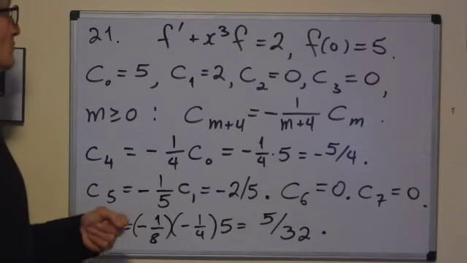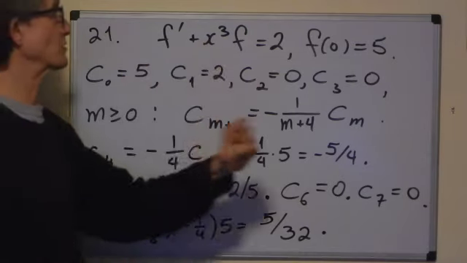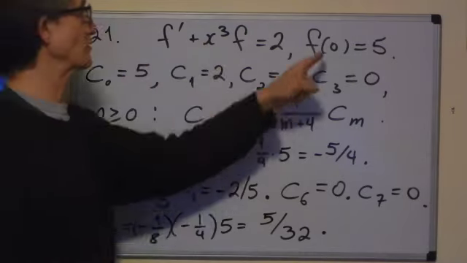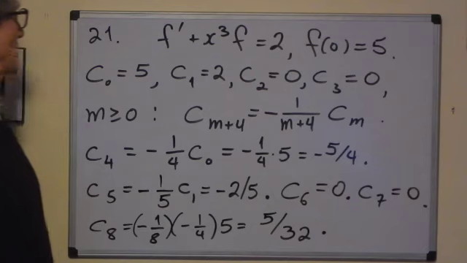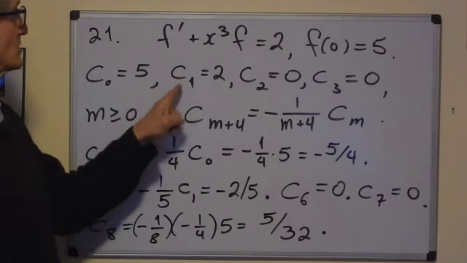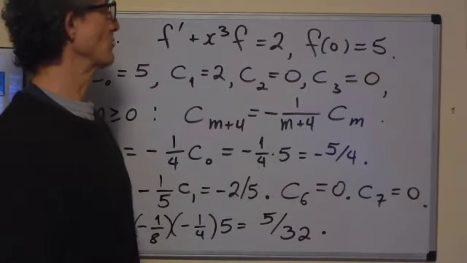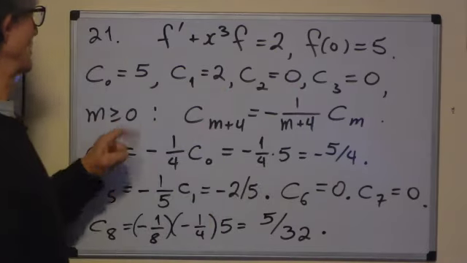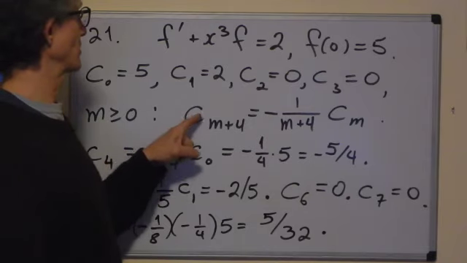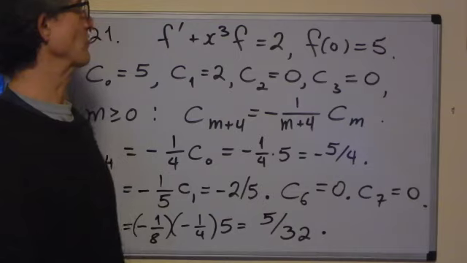Here's what we have. We're solving f prime plus x cubed f equal to 2 with the initial condition f of 0 equal to 5. We were using a series, and we found that the first coefficient, c1, was 2, c2 and c3 were 0, and for m bigger than or equal to 0, c sub m plus 4 is minus 1 over m plus 4 times c sub m.